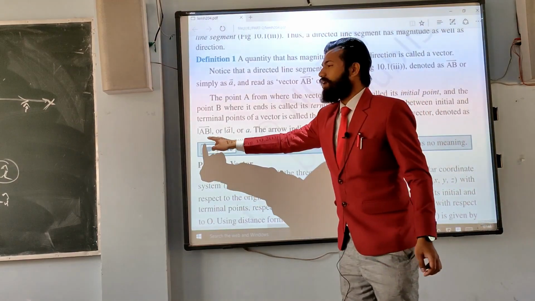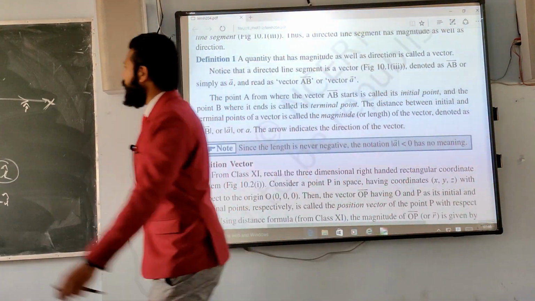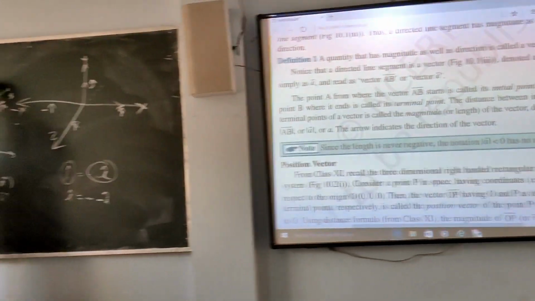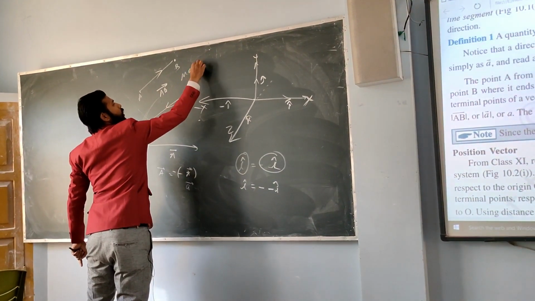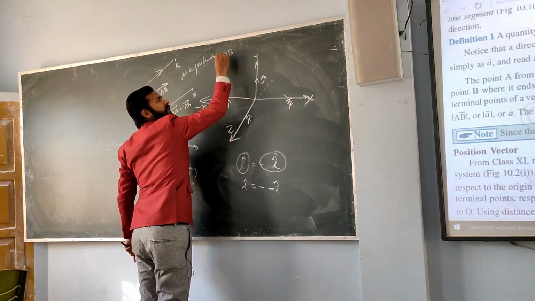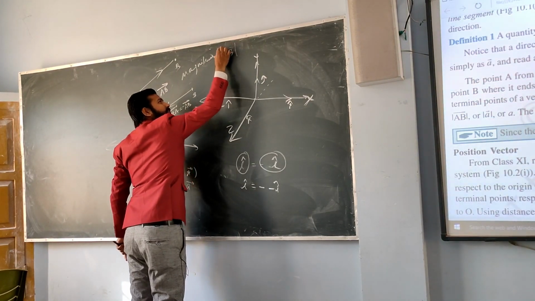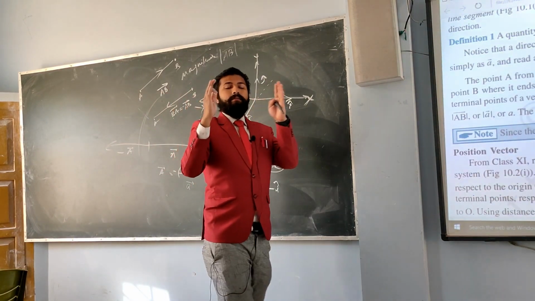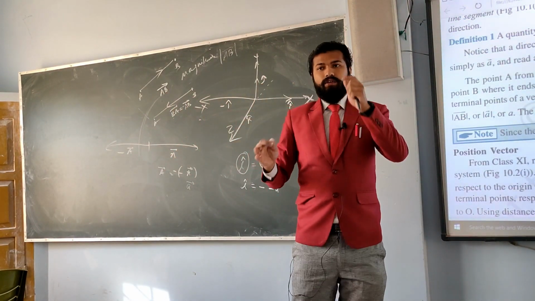Now, if I want to represent the magnitude of this vector, how to represent it? For AB, the magnitude will be written as mod of AB vector. This mod means the magnitude of the vector. Will you forget this one?